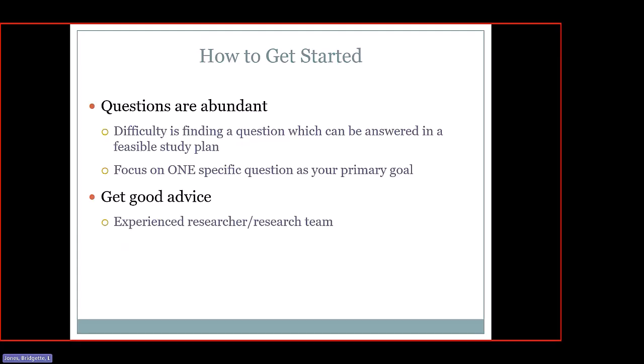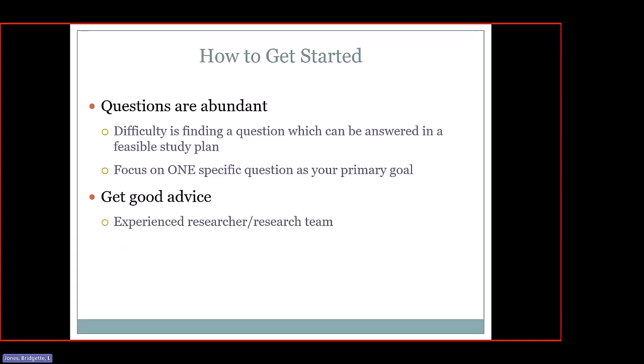But really try to focus on one specific question that you will then use to design your study around. And then you might have other secondary questions that would be kind of ancillary analyses, but try not to let that muddy how you would design your study.